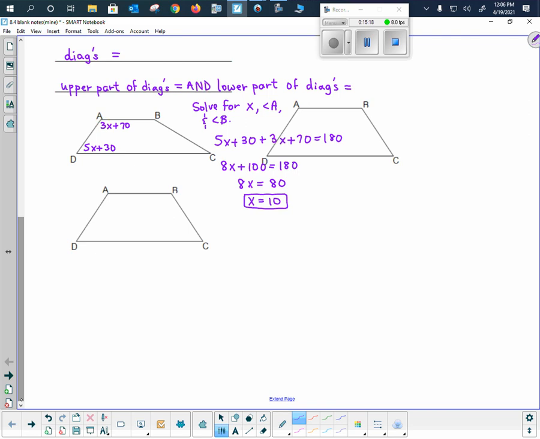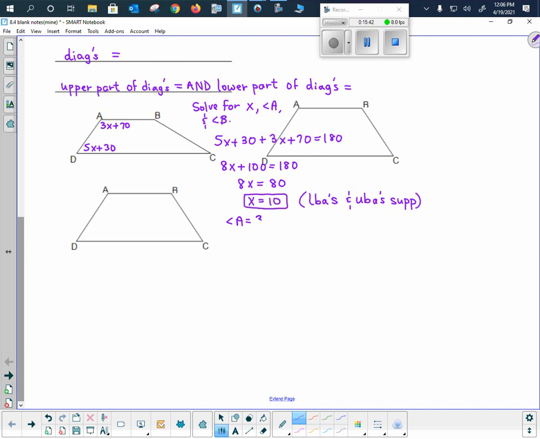And again, what was my property? This is what you can do for abbreviation. I'll know what you're doing if you say LBAs and UBAs supplementary. Okay, yes, it's only on one side, but I'll know what you're talking about. Lower base angles and upper base angles are supplementary. And then angle A should just be plug and chug, right?